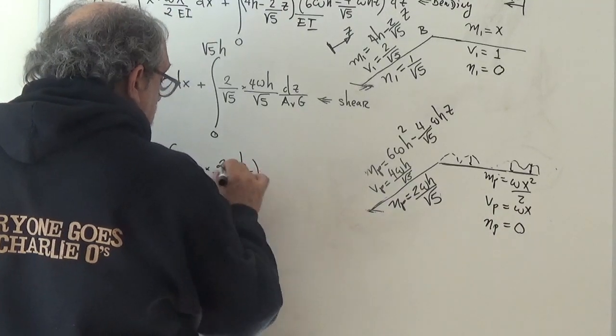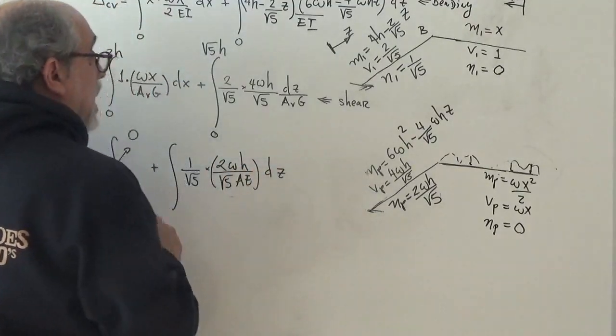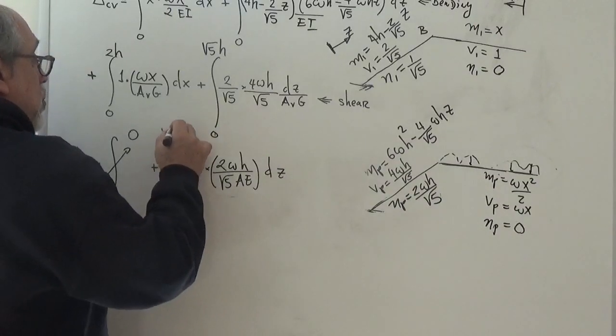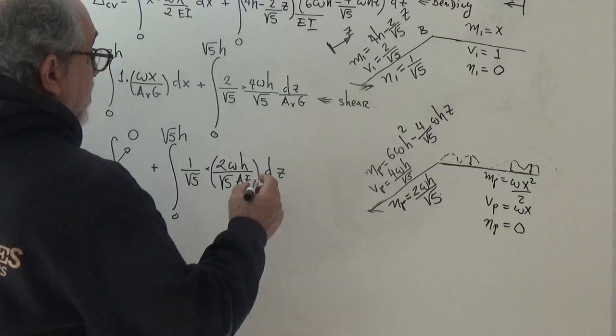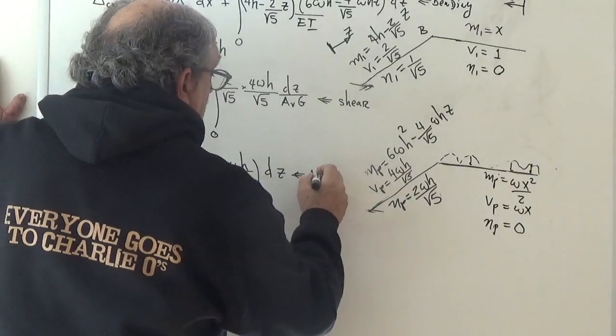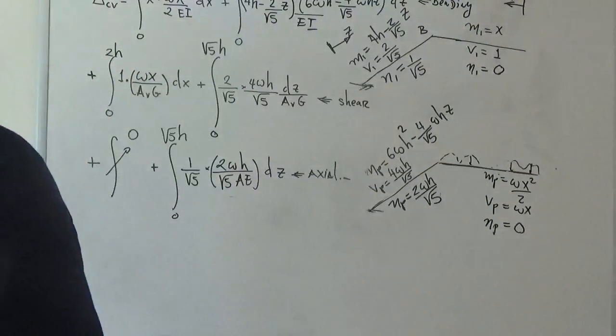AE is the strain due to the load, and that is times dz, and the integral goes from 0 to square root of 5h. Okay? And this is axial.